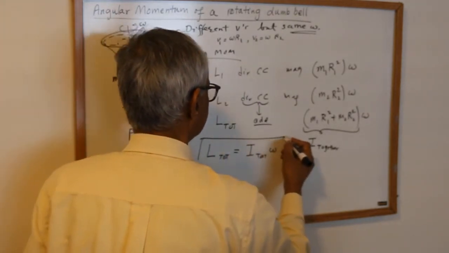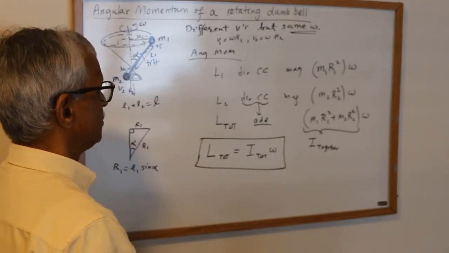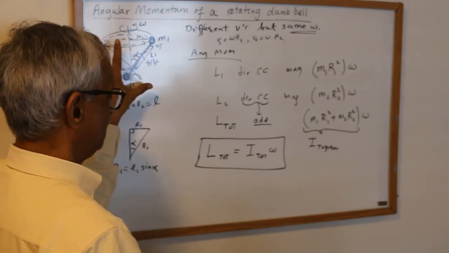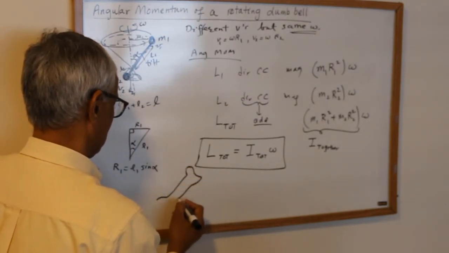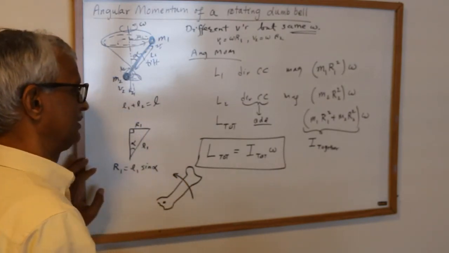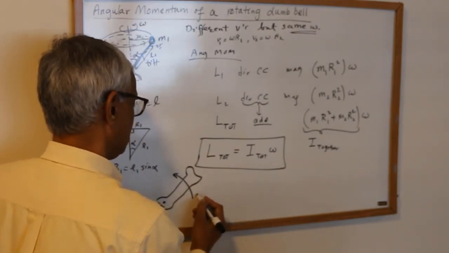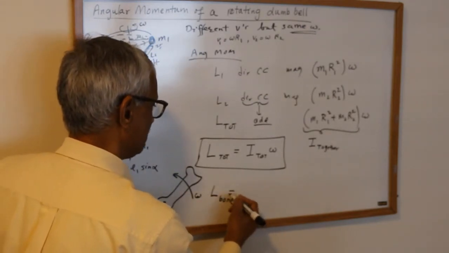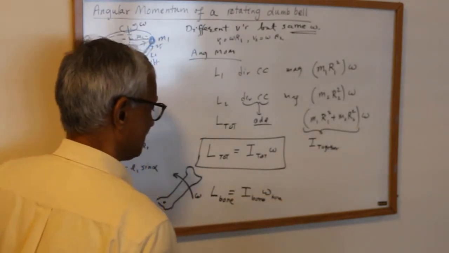And so this is a very important formula for us. Not just for a dumbbell, if I had say a bone, and I was rotating it somehow around an axis, the bone will have its I. So if it's going with omega, the L of the bone will simply be I of the bone times omega of the bone.